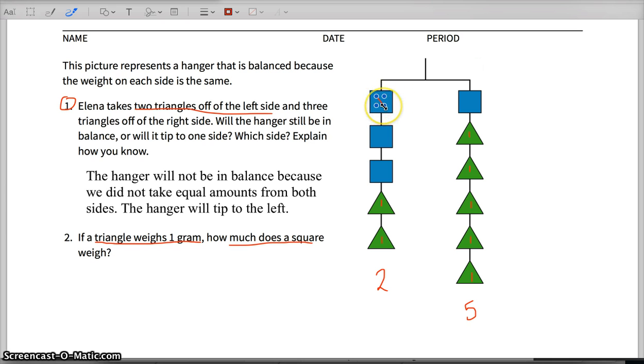So let me see what I can draw here. I'm going to put a question mark, or part of a question mark. And now I've got something to work with here. So I know that the 2 grams plus, oh, it's hard to draw a plus sign with this program, plus the 3 question marks. Well, what do we use typically in math instead of question marks? Typically we use variables.